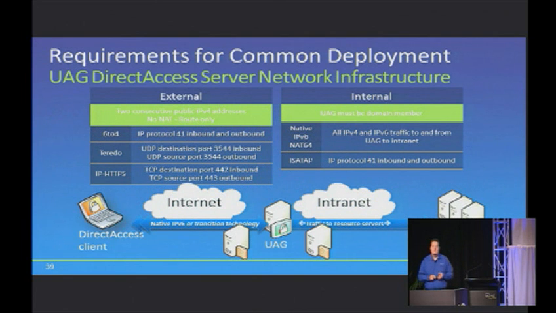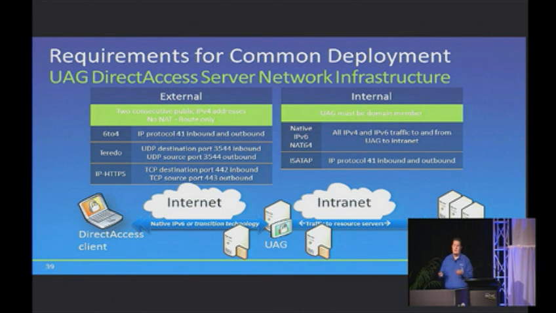What about the place where the UAG, the DirectAccess server, should be implemented? Some want it to be in the DMZ, some want it to be internally. The one thing that you must remember: UAG in a DirectAccess implementation must be a member of your domain.